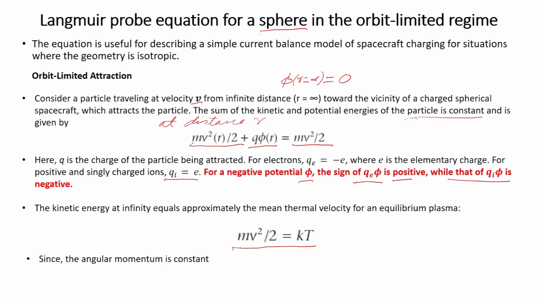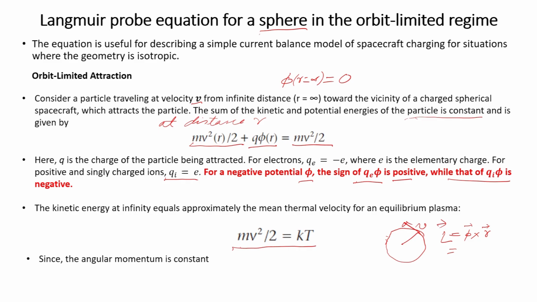Now, the angular momentum. What is angular momentum? Suppose a particle is moving in a circle with velocity v, then the angular momentum is given by p cross r. What is p? p is the linear momentum.